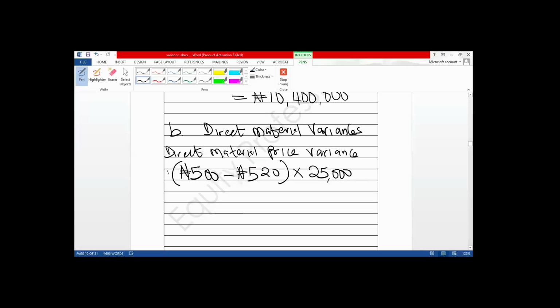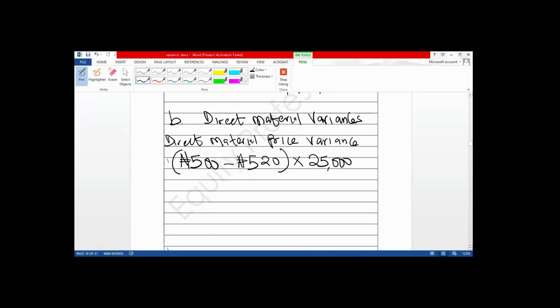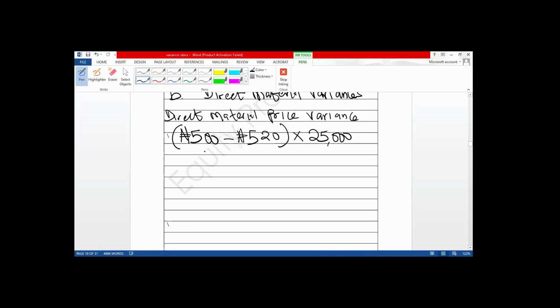Please work this out. Negative 500,000 naira. That's your material price variance. That negative indicates adverse.